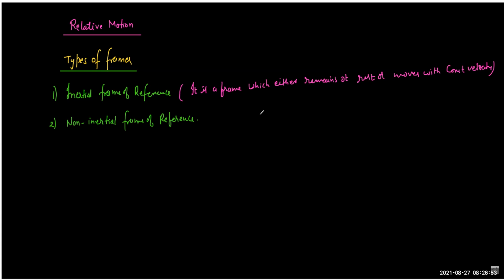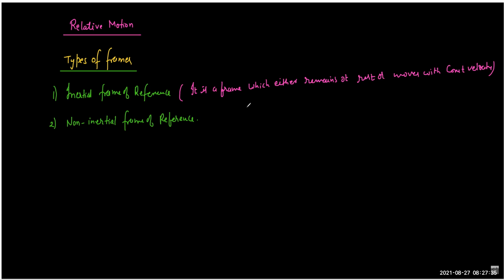If you choose a frame, or observational setup, to observe a physical event such that the setup is either at rest on the earth or moving with constant velocity relative to the earth, in both cases the setup, the frame, or the coordinate system that we choose, we call an inertial frame of reference.